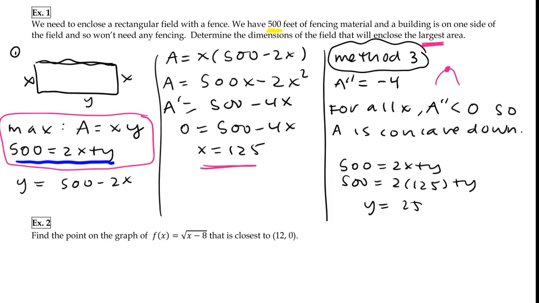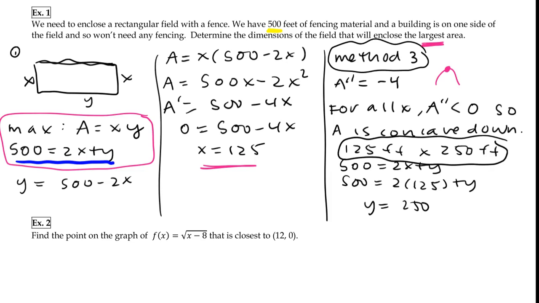That gives us y is 250. So our dimensions will be 125 feet by 250 feet. Okay, so we have 125 by 250. The 125 was our critical number. We proved that we actually had a max, and then we subbed 125 into x in order to get y.